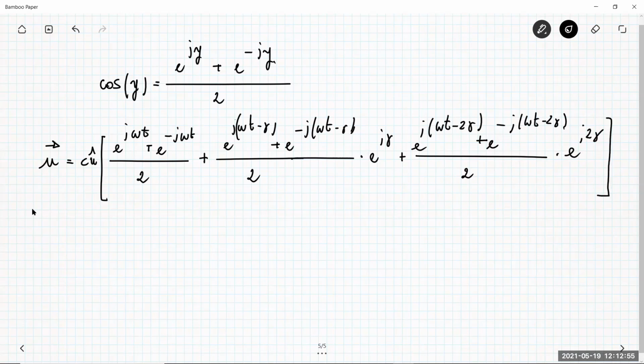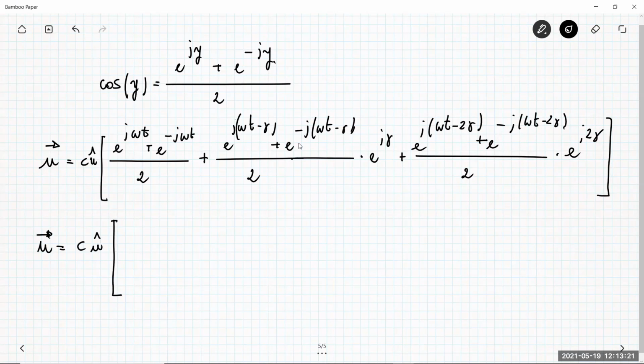So I simply developed all the trigonometric cosine functions into exponential functions. Let me just manipulate a little bit by performing the multiplication between the exponentials you get in this long expression here.